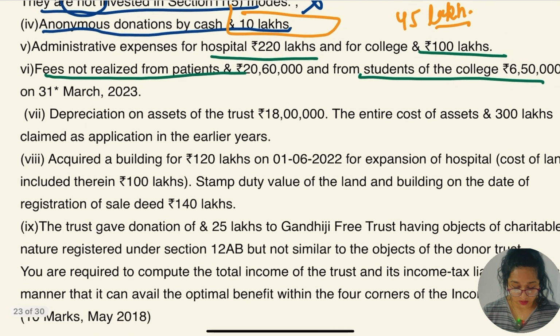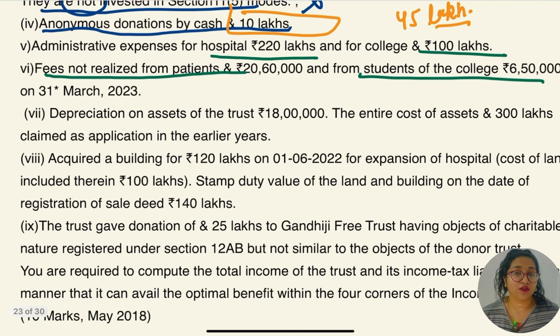So as the trust is following the cash system, the amount which is not realized from the patient will not be given, which means this will not be included in the applied amount. So the deduction is not going to be given for fees which are not realized from patients or students. This amount is not going to be included in the applied amount.